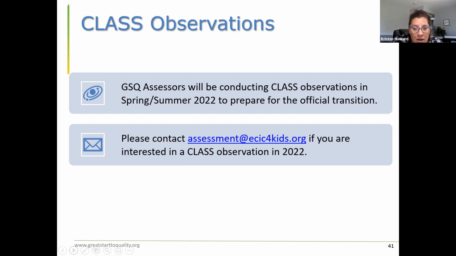Again, this does not count towards the current Great Start to Quality star rating. So those assessments are still using PQA, and we've had some questions surrounding that. So remember, this would be a practice CLASS observation. CLASS officially will be used in February 2023. So assessment at ecic4kids.org if you're interested in learning more or would like a practice CLASS observation.